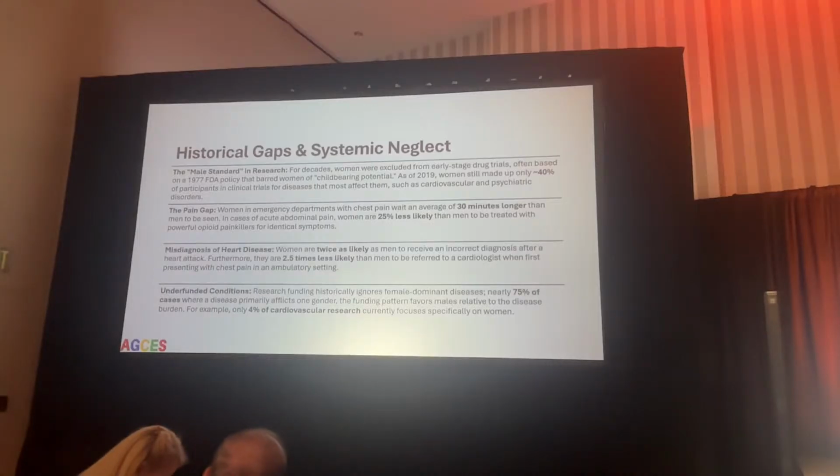Women are twice as likely to receive an incorrect diagnosis after a heart attack. They're 2.5 times less likely to be referred for their chest pain than men, things like this. And then finally, the underfunding of women's healthcare problems. And I think that's where I'd like to focus a little bit of attention, in where I think we're making some progress.